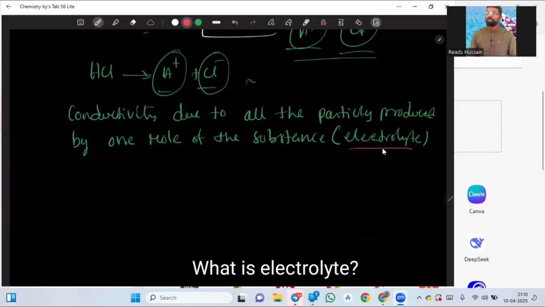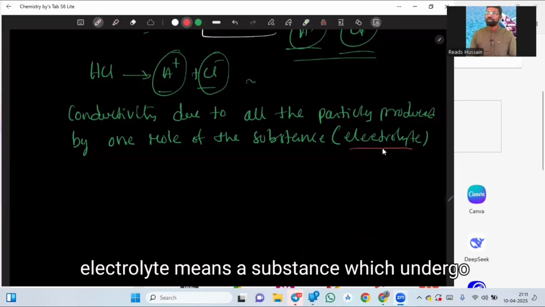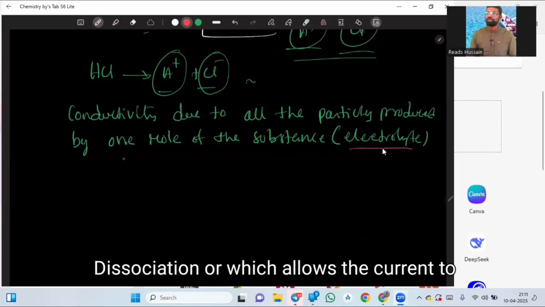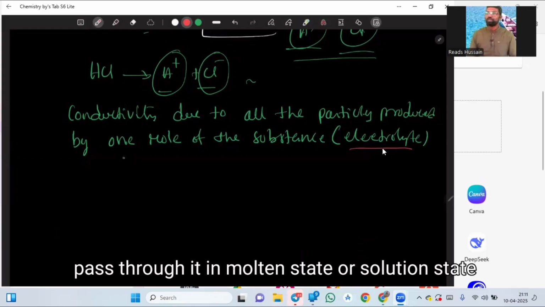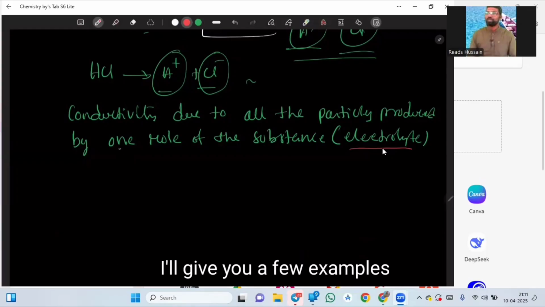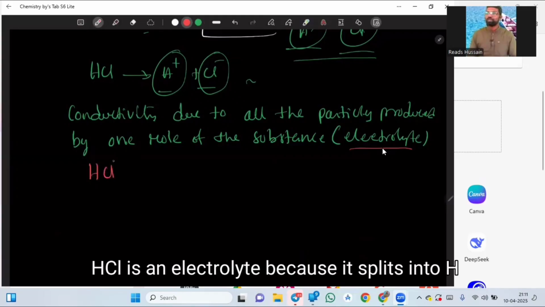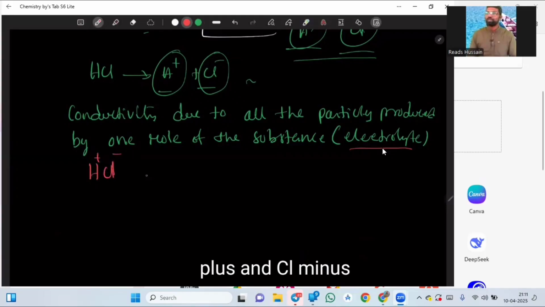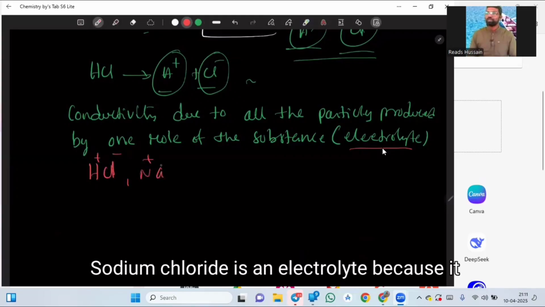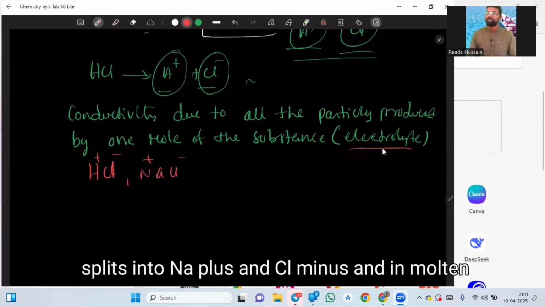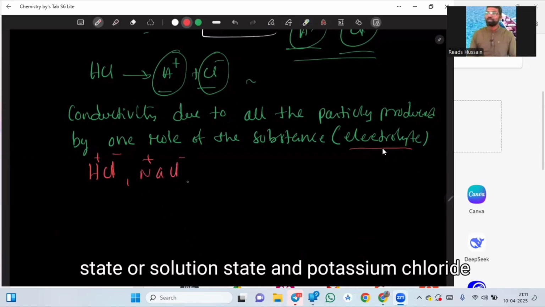Do you know what is an electrolyte? Electrolyte means a substance which undergoes dissociation or which allows the current to pass through it in molten state or solution state. I'll give you examples. HCl is an electrolyte because it splits into H plus and Cl minus. Sodium chloride is an electrolyte because it splits into Na plus and Cl minus ions in molten state or solution state.